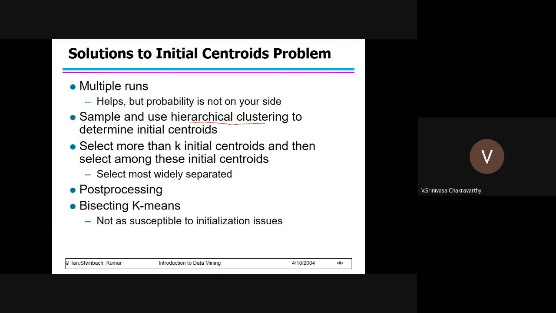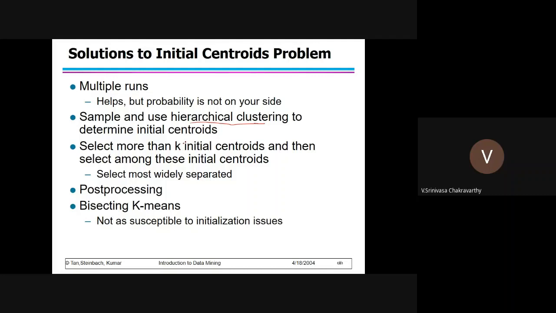Then, select more than k initial centroids, and then select among these initial centroids. Among them, you see which are the centroids which are bad. Ideally, if you cluster the data set into k clusters, all the clusters should have about the same size.